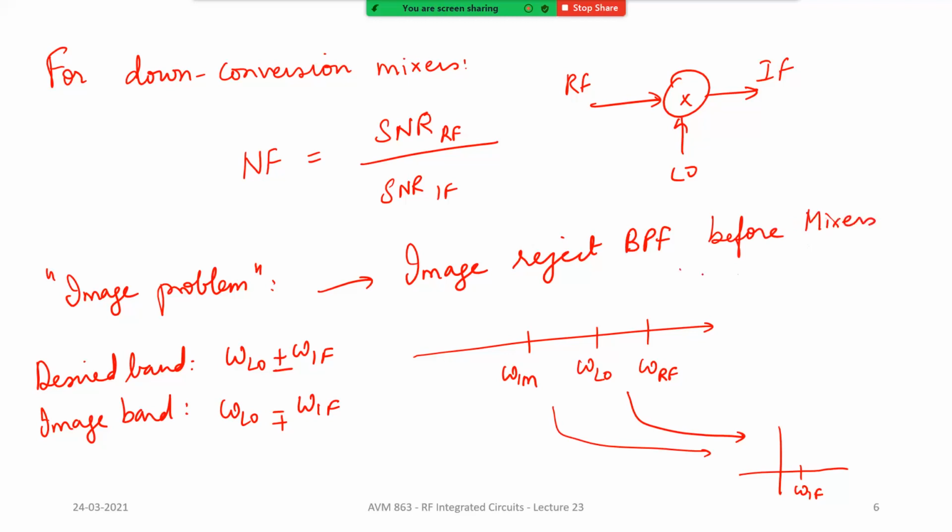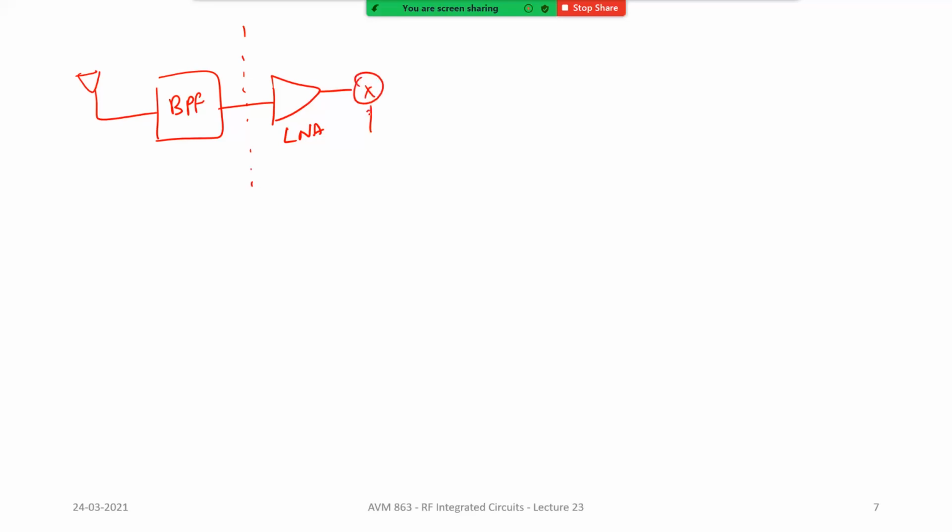This happens in heterodyne receivers. In a receiver you'll usually have a BPF and then an LNA, because it's very difficult to have such very sharp cutoff filters on chip. So usually this will be an off-chip bandpass filter, then you have an LNA, then a mixer, then a filter, and so on.